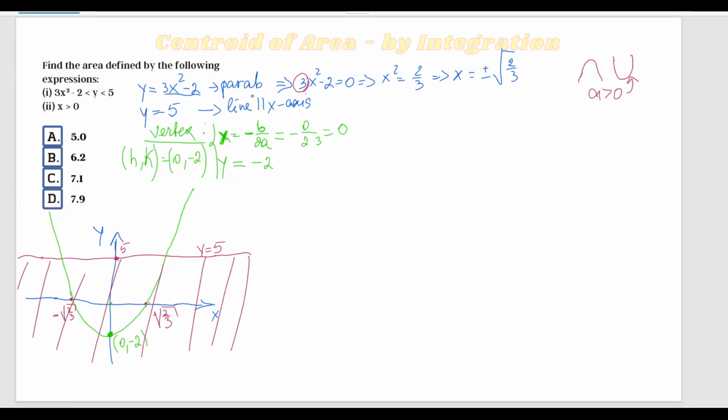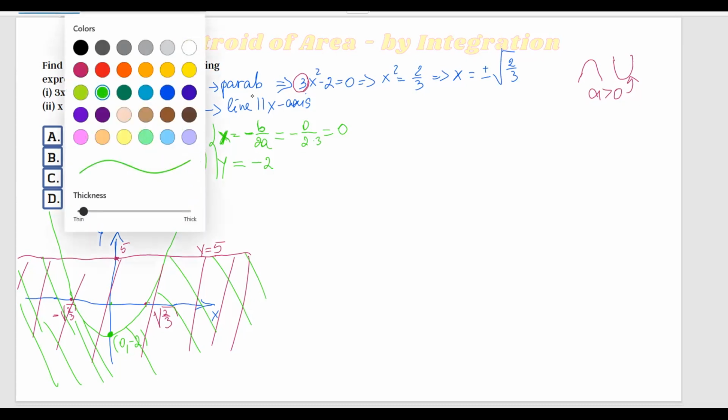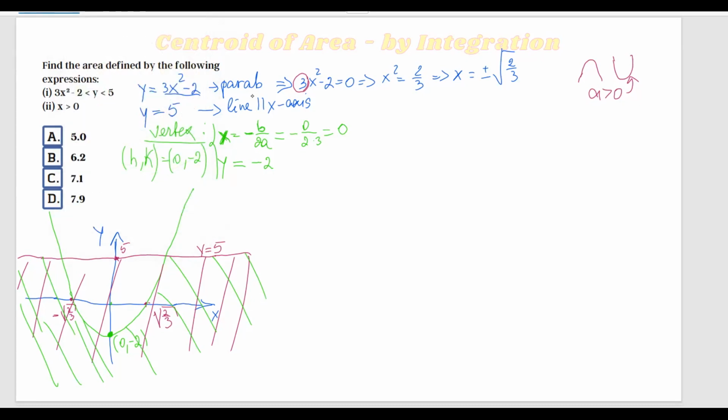And then the area defined by the parabola is everything below the parabola. So what is the problem asking, what is the area defined by this expression? It's asking for the area, I'll make it in red, which is remaining over here.